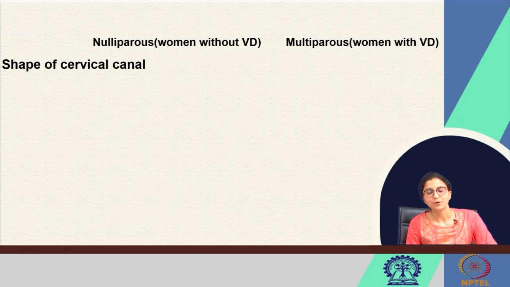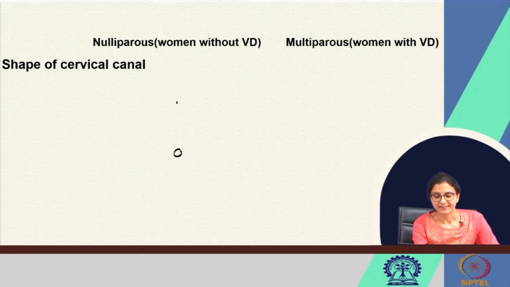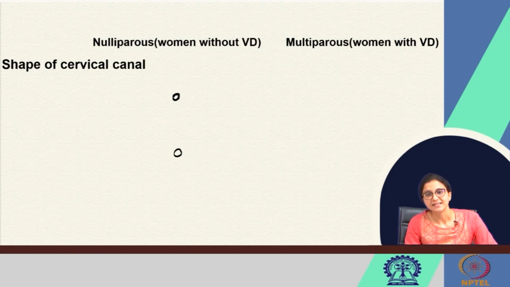Now coming to the shape of the cervical canal. The external os is pinhole. The internal os, which is above, is always closed; always in the sense that normally it is closed. If it is open, then this will result in cervical incompetency.